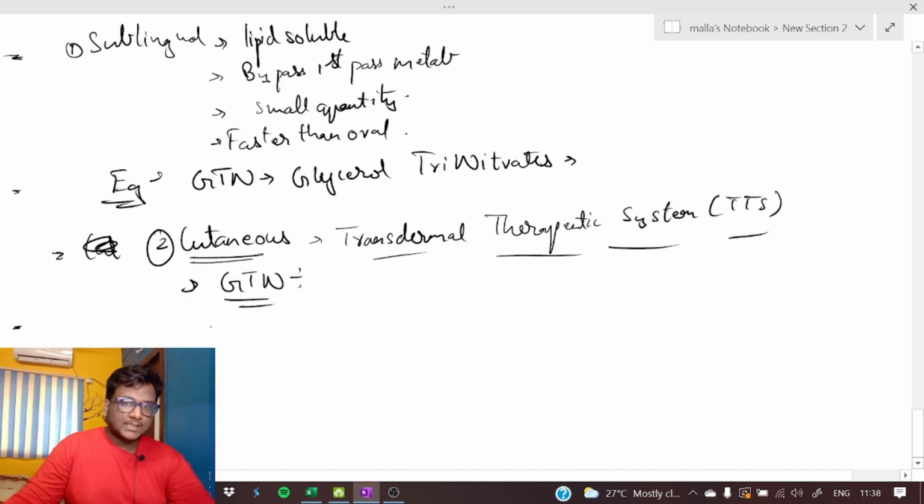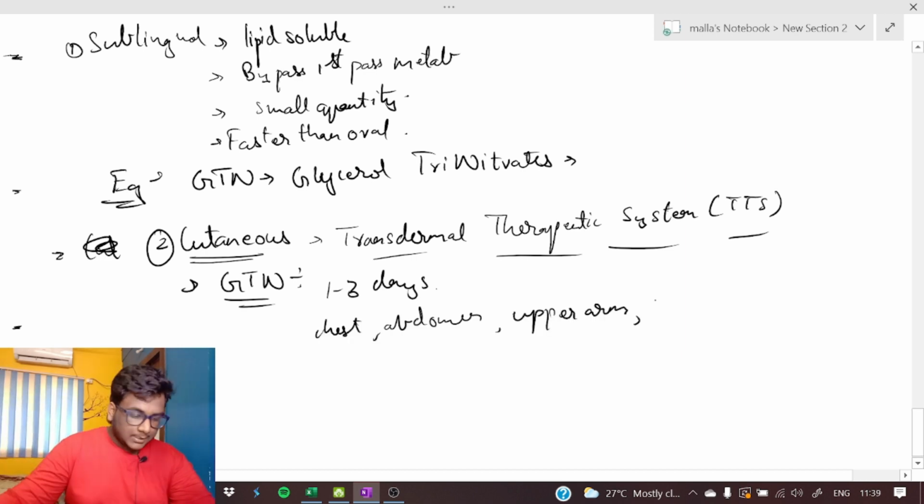GTN is also used as a transdermal patch because if the patient is unable to take the sublingual drug, we use it maximum in these cases. So it slowly releases the glycerol trinitrate into the systemic circulation, which reduces the angina pectoris. It lasts for mainly 1 to 3 days. The sites of application of the transdermal patches are chest, abdomen, upper arm, lower back and buttock.